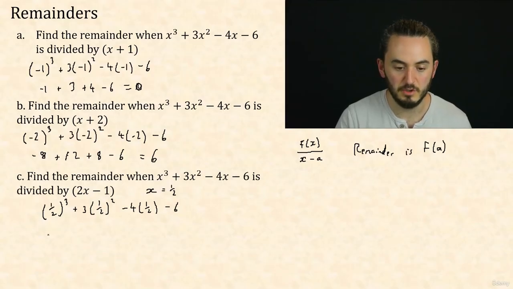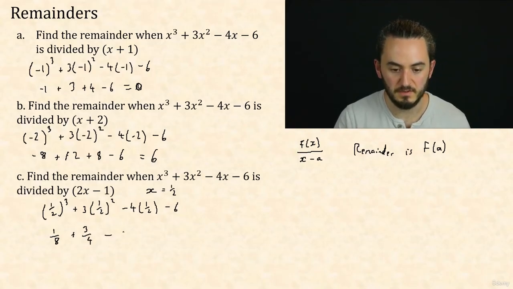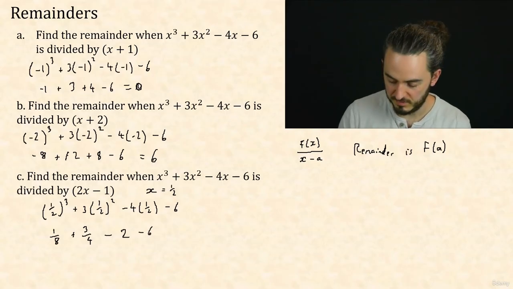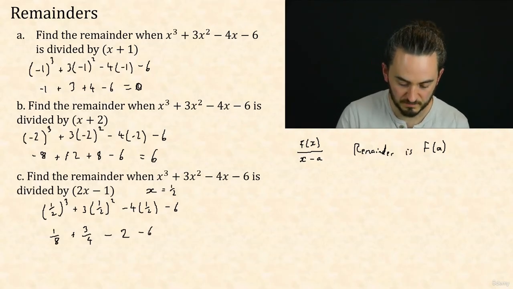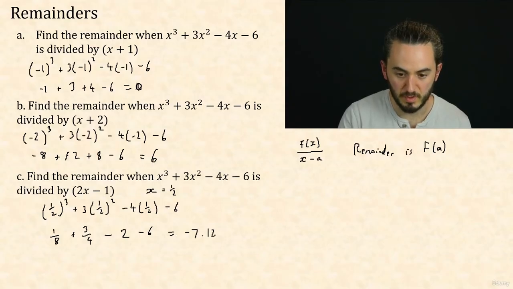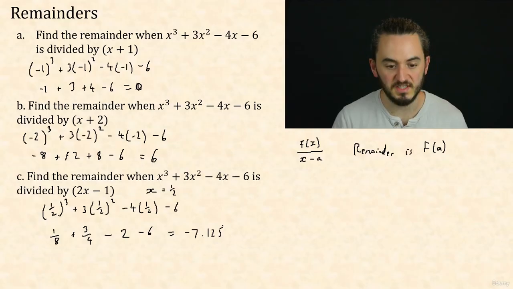So a half cubed is an eighth. Half squared is a quarter, times 3 is 3/4. Minus 4 times a half is minus 2, and minus 6 remains minus 6. Add these all together and we get minus 7.125. So that's the remainder there, so they're not always pretty.